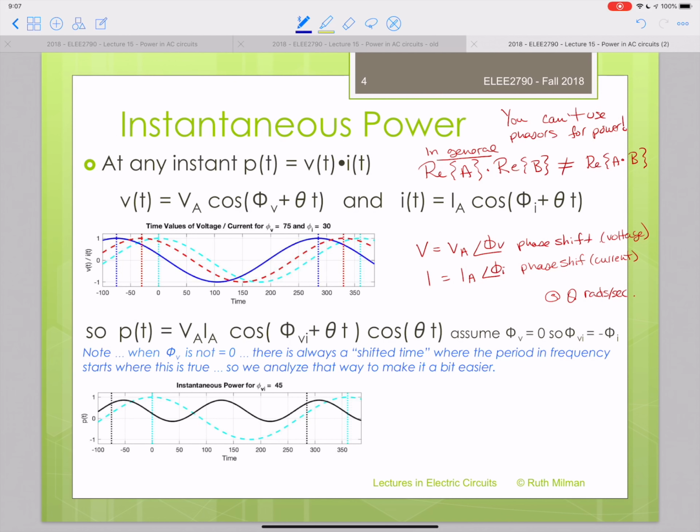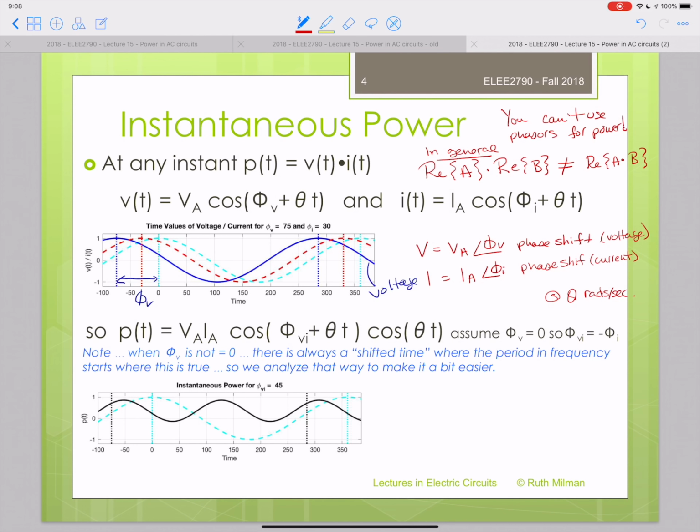Now, if we look at the sinusoids pictured above, you can see that the dark blue line is your voltage, the red line is your current, and the cyan line is simply a sinusoid that has no phase shift for reference. The phase shift of your voltage is phi v. So your voltage, when it has a positive number, lags behind the original sinusoid.